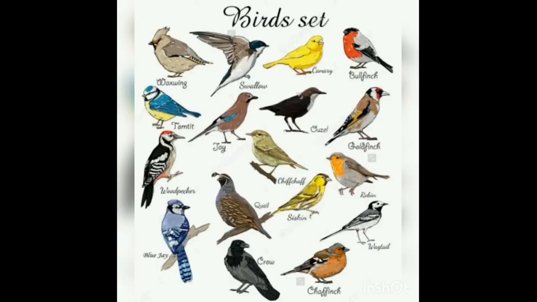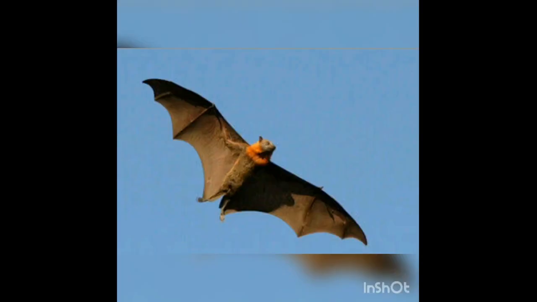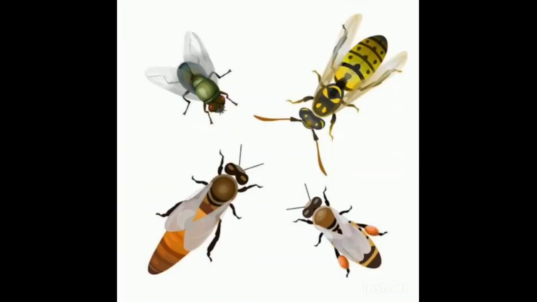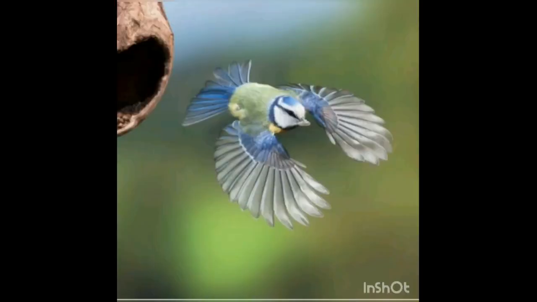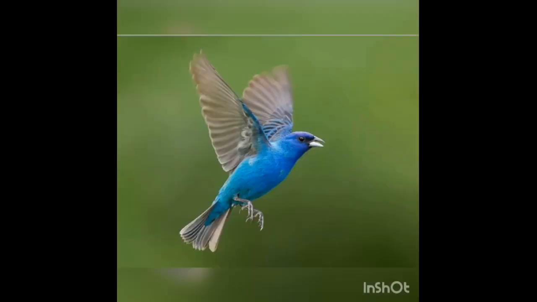Hence, birds, bats, and flying insects were grouped together just by observing one single characteristic, the flying ability. On the opposite side, there are some flightless birds also.